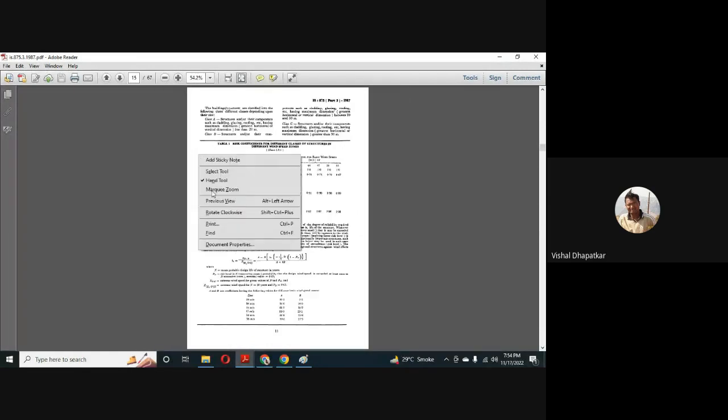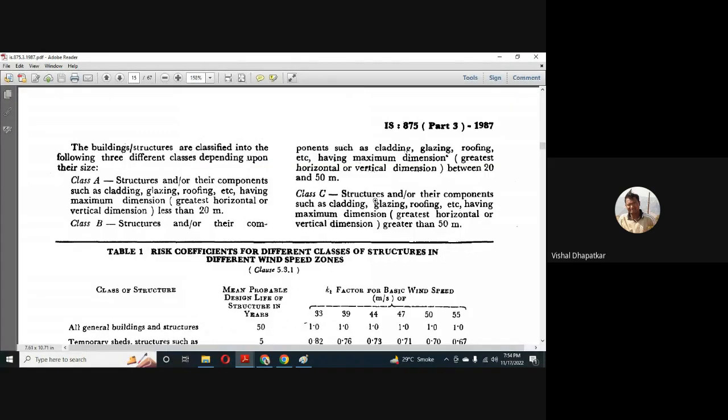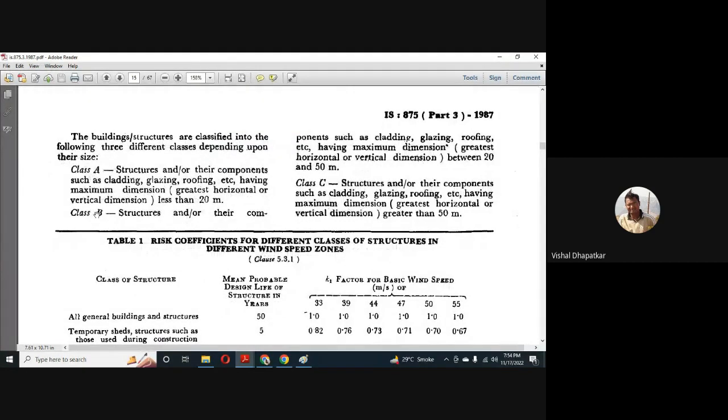Then next is based on the size and height of the structure. Based on that, we have 3 classes: class A, class B, class C. Class A denotes a structure or its components, such as cladding, glazing, roofing, etc., having a maximum dimension, meaning the greatest of horizontal or vertical dimension, less than 20 meters.